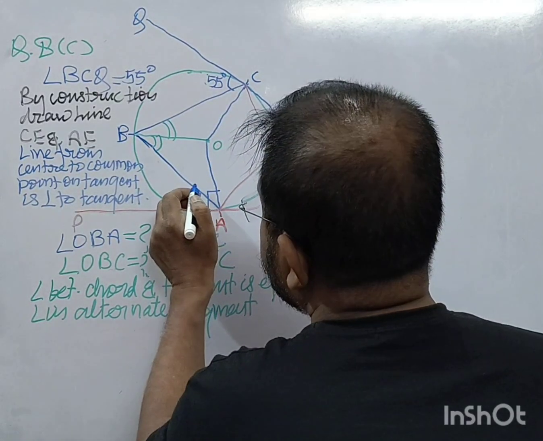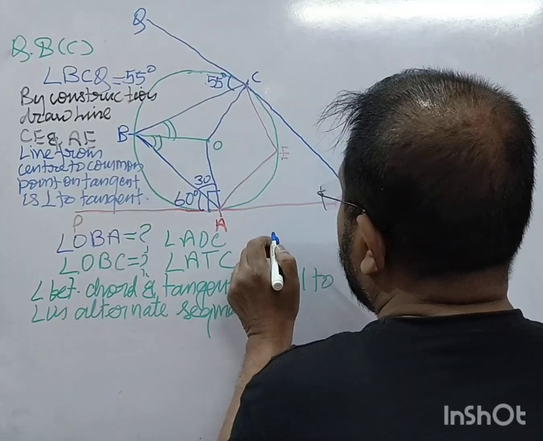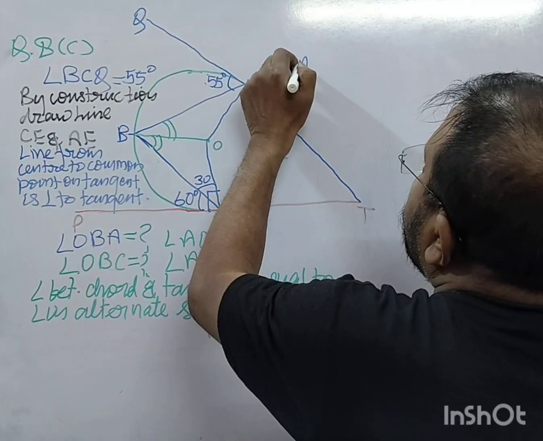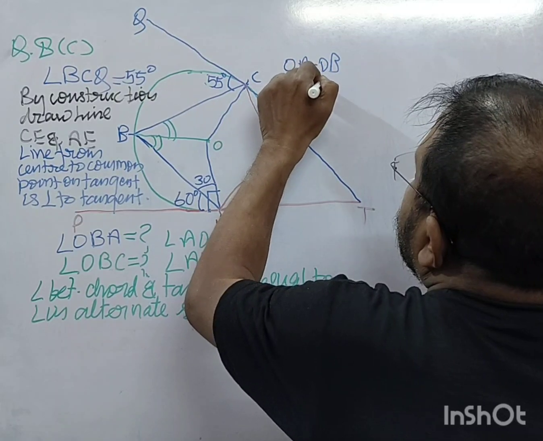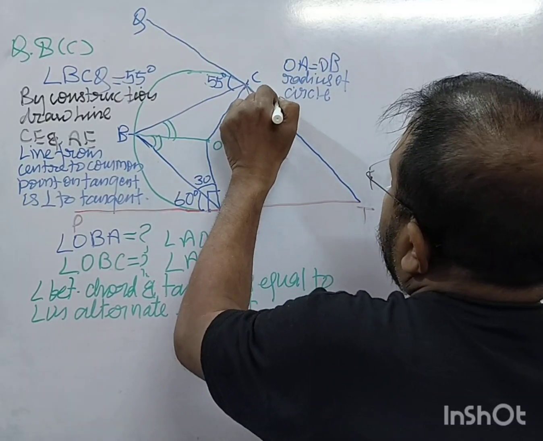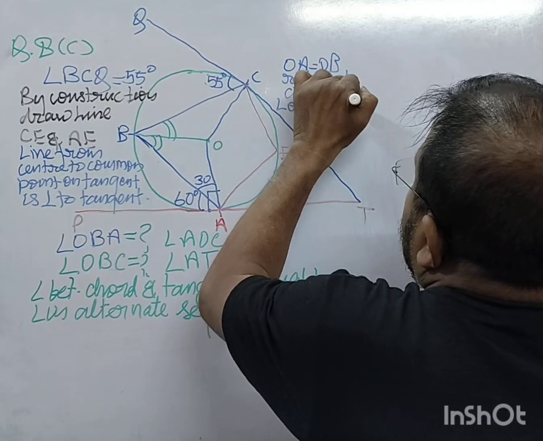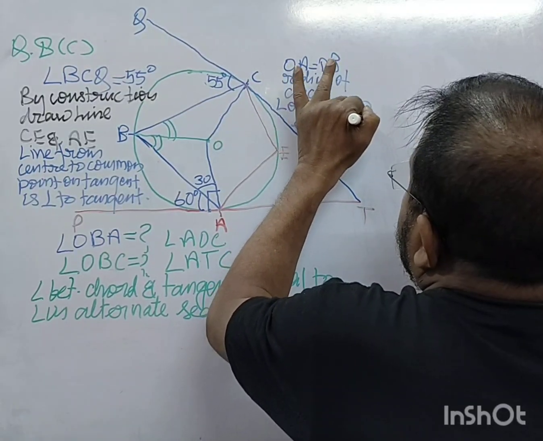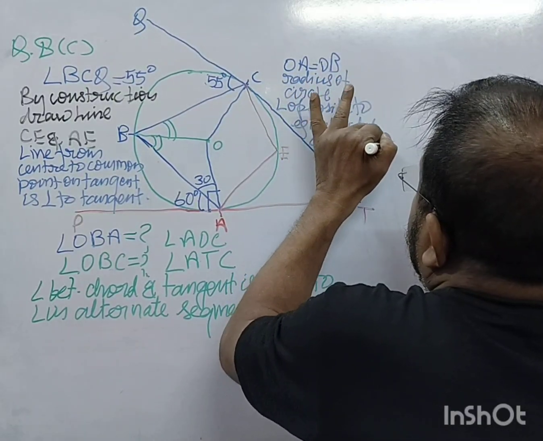This is 60, so this is 30 degree, and OA is equal to OB, radius of circle, and angles opposite to equal sides are equal, right?